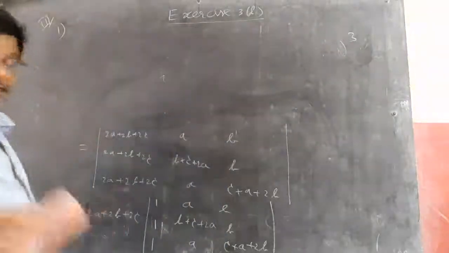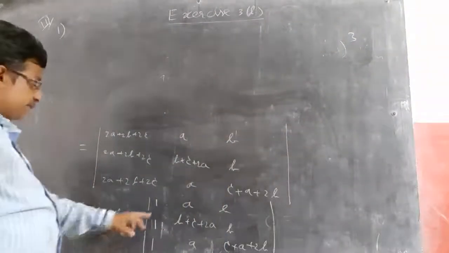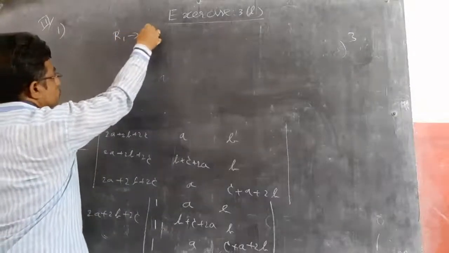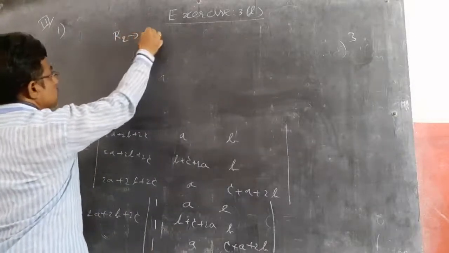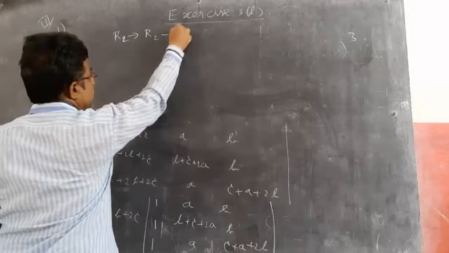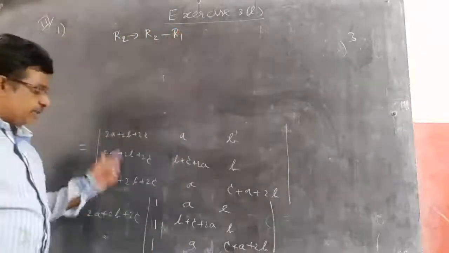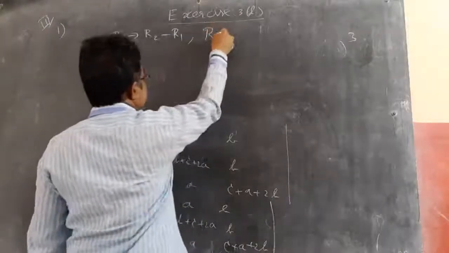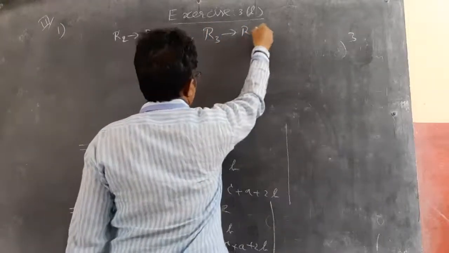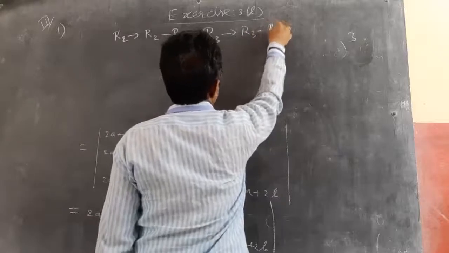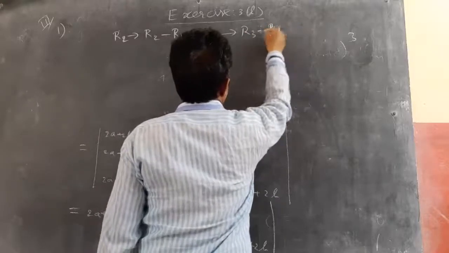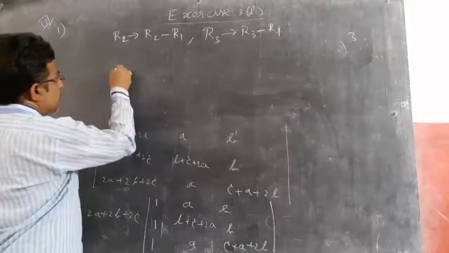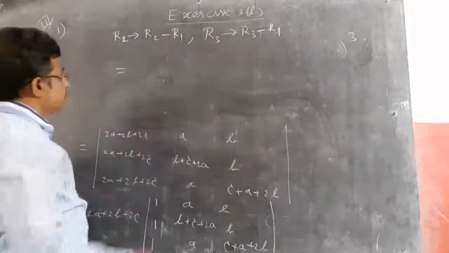So R2 tends to R2 minus R1, and R3 tends to R3 minus R1.